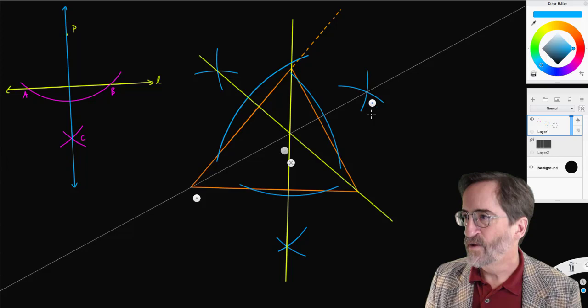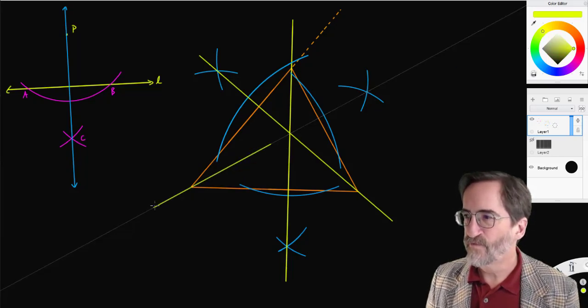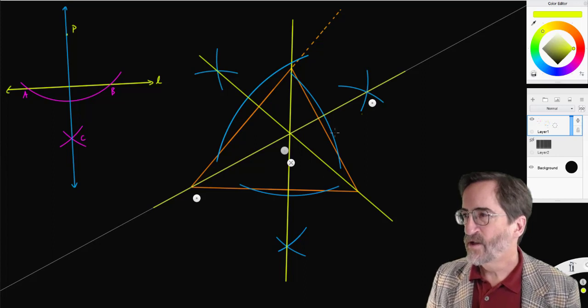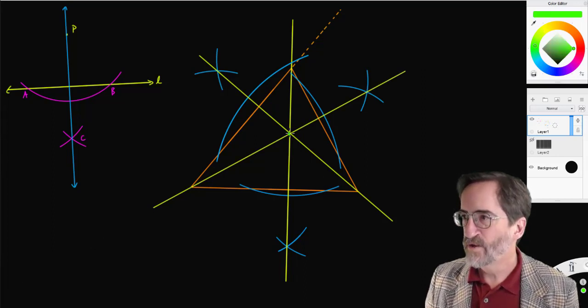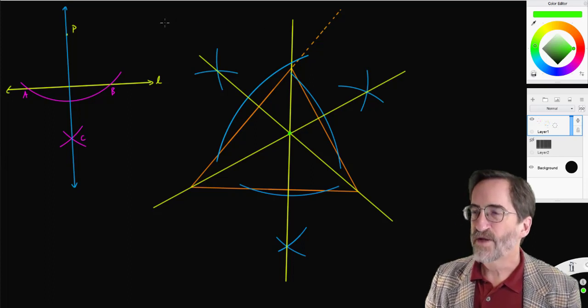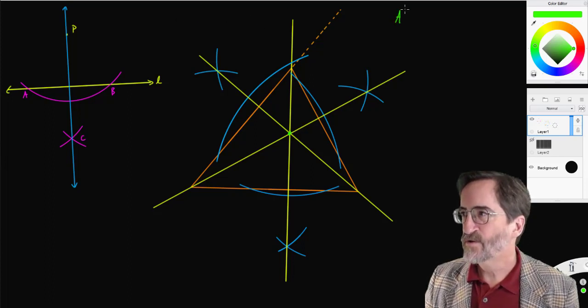Okay, so an altitude makes a right angle with the opposite side and goes through a vertex. Okay, and notice they are concurrent. They meet at a single point. So the segments are called altitudes.